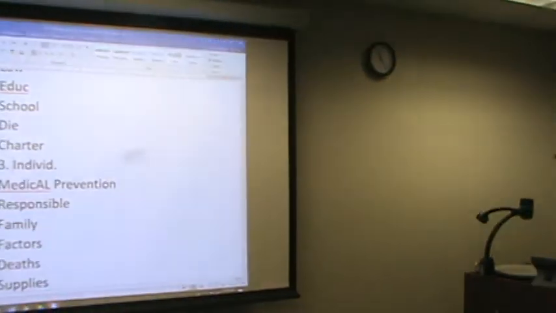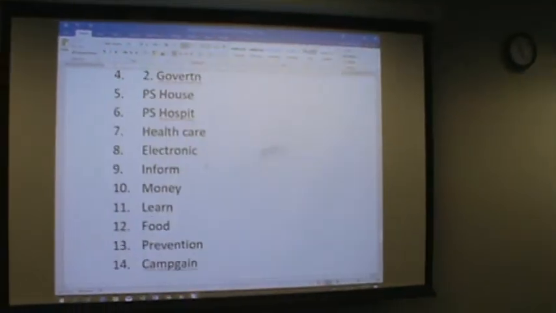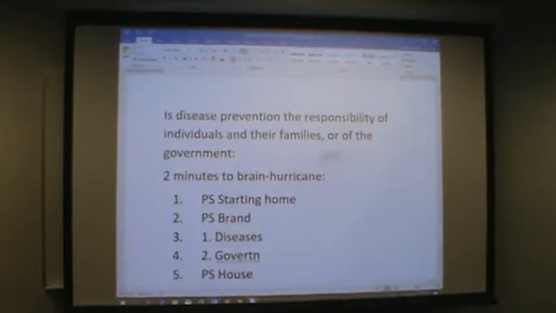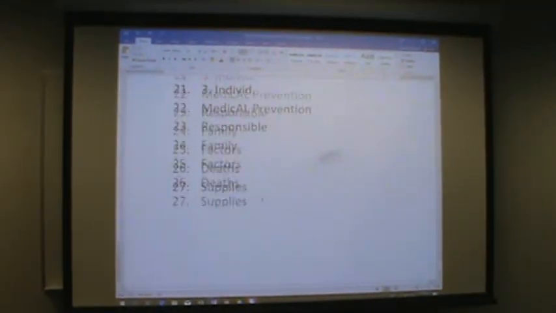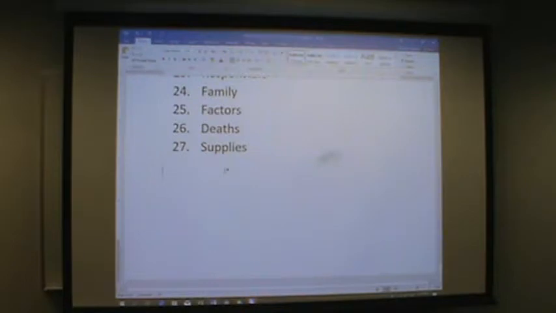So, which ones do we have? We have individuals, diseases and government. So this is it. Let's create number 1, the thesis statement elements.